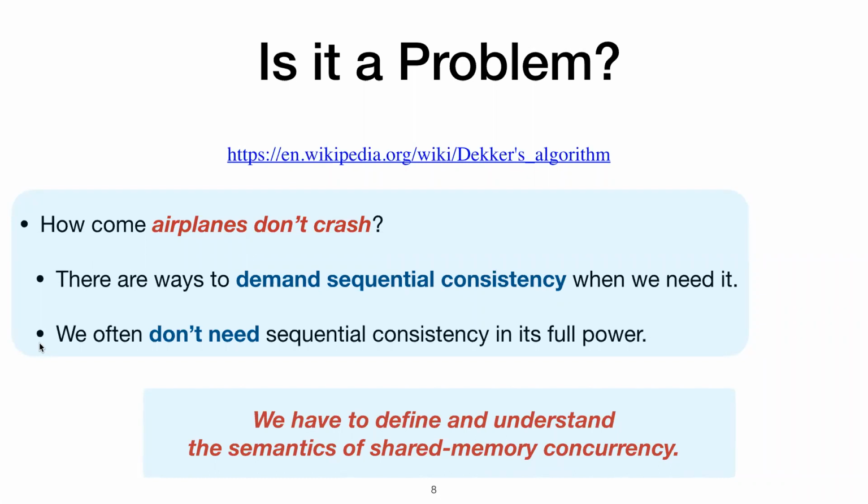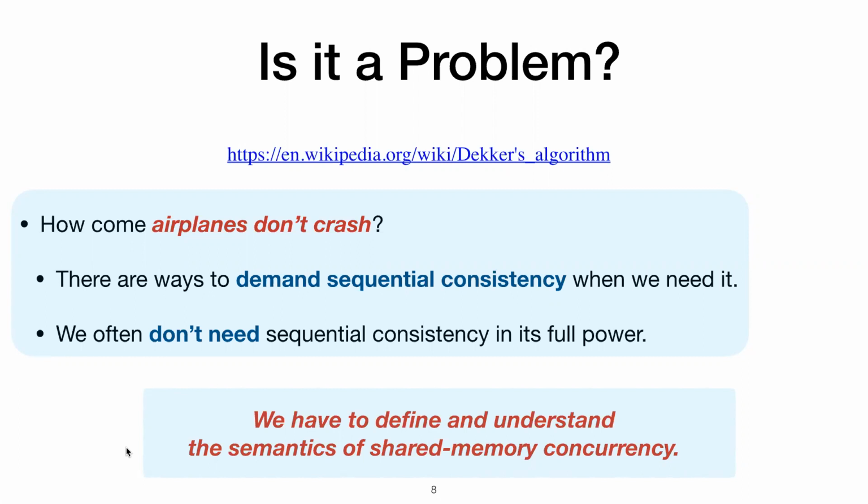Dekker's algorithm is one of the few examples I know, but we often don't need full sequential consistency. Moreover, often causal consistency suffices for the correctness of an algorithm, but this is something empirical that I'm not going to justify more than just saying it. And maybe for this audience it's clear that what we need is, of course, formal, simple, clear semantics that we can work on before we do the verification.